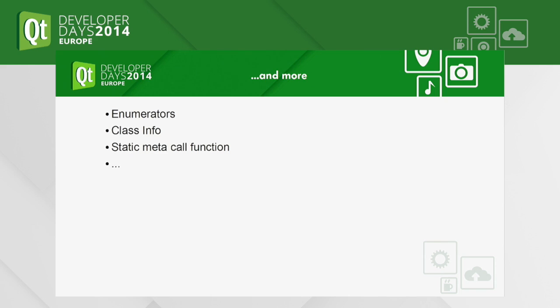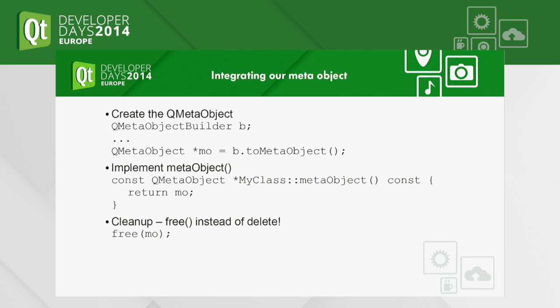Okay, and once you're done with adding all the stuff that you want to have in your meta object, we can call toMetaObject, and we actually get the completely assembled QMetaObject out of this.